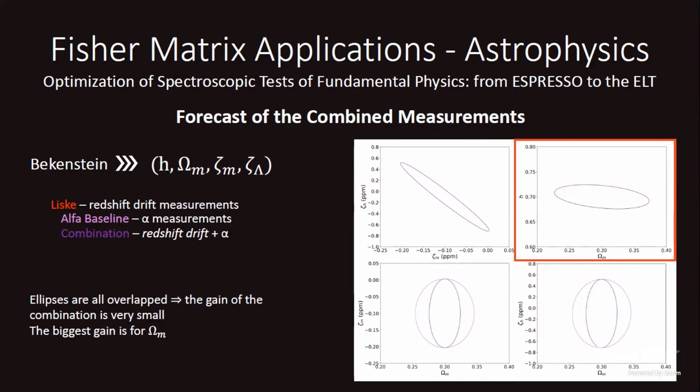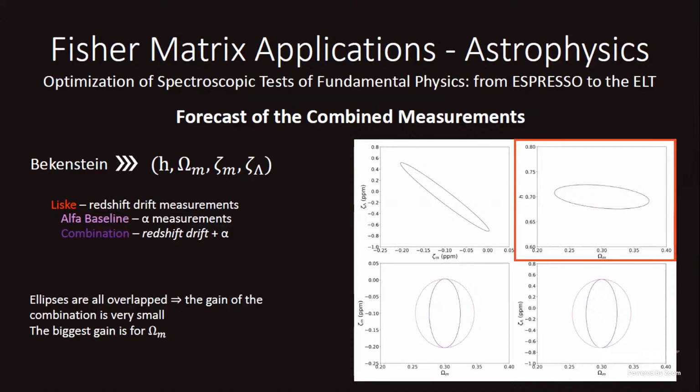And as you can see in here, I have in red the redshift drift measurements. I have in light purple the alpha measurements for baseline, and in dark purple the combination of the redshift drift, the least one, and the alpha baseline. But as you can see in the panel selected in red as well, the upper right panel, you cannot distinguish the three ellipses, right?